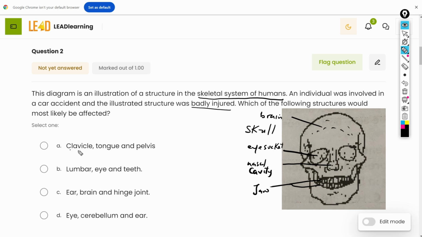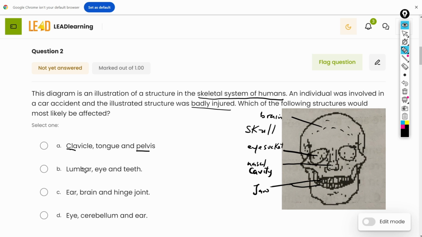Clavicle is the collarbone. It is not located on the skull. The tongue is in the mouth. The pelvis is the part of the bone that supports the lower bones, or if you like, the pelvic girdle. So this option is disqualified.